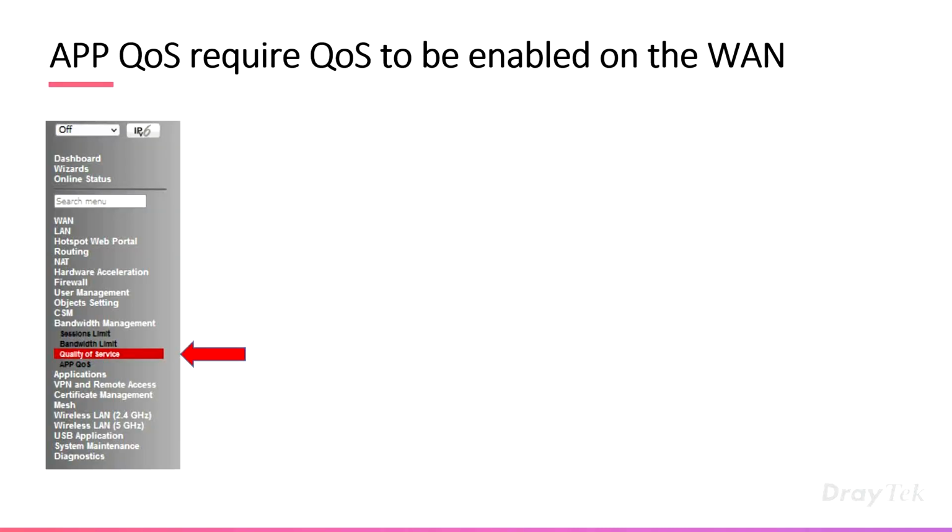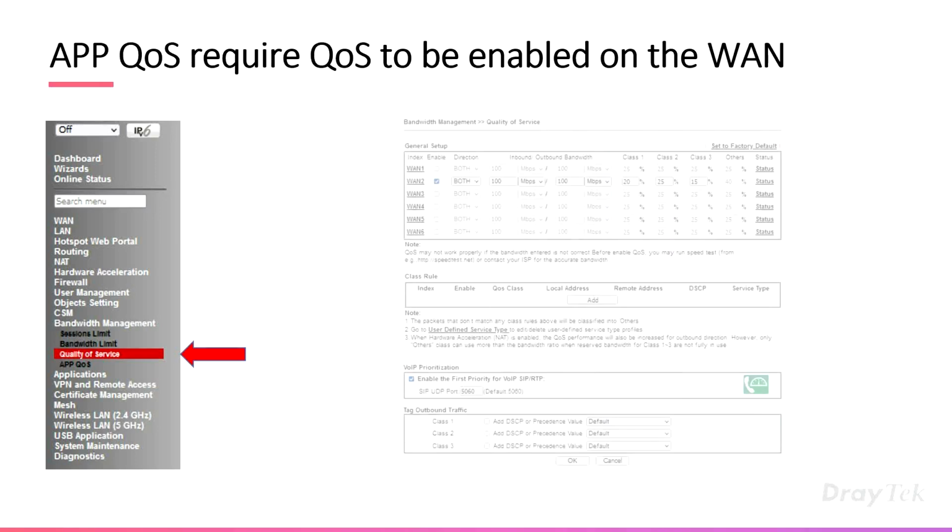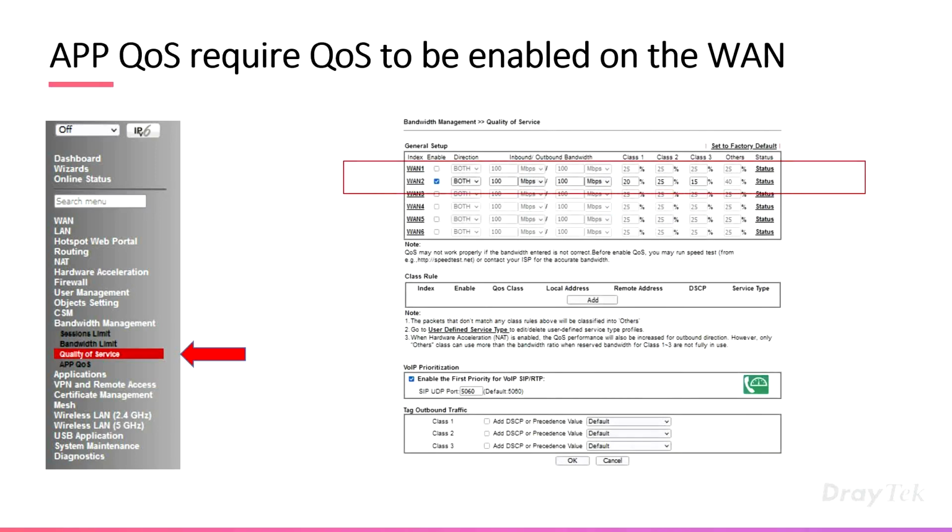So let's have a look at how we do this. Obviously, you are required to have the QoS enabled for a specific WAN with the correct values for class 1, class 2, and class 3.